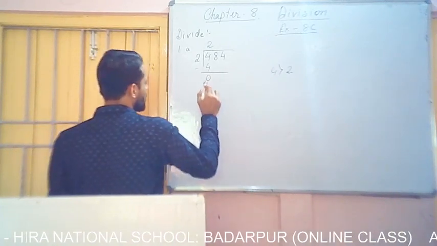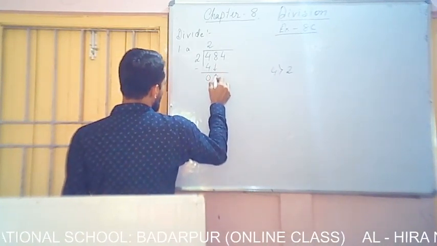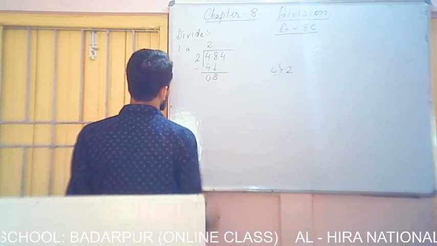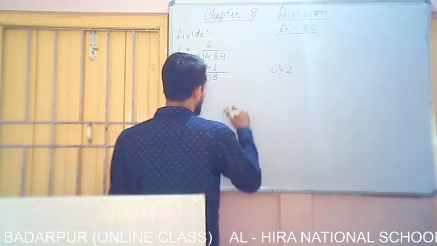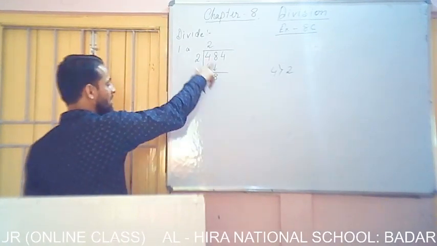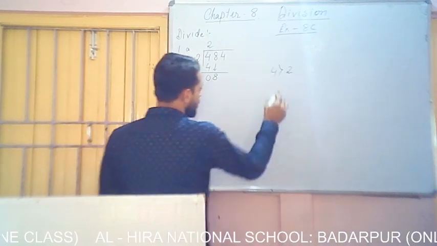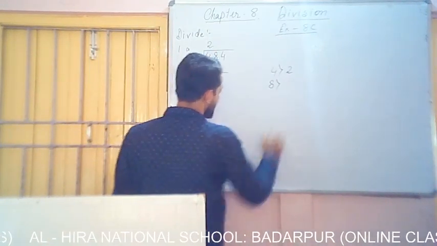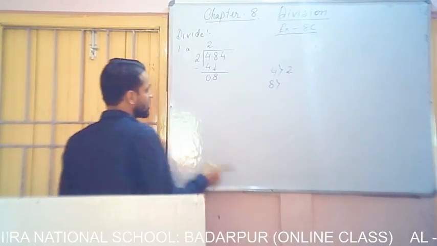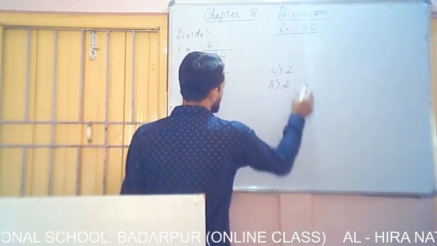Now we have to bring down 8 tens. We check whether the number is greater than the divisor or not. 8 tens is greater than 2.